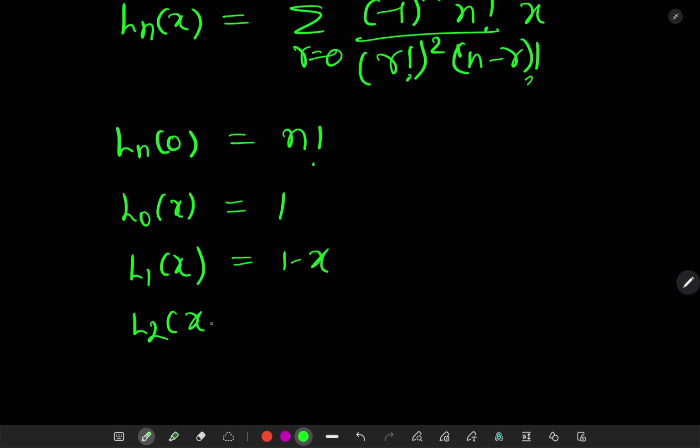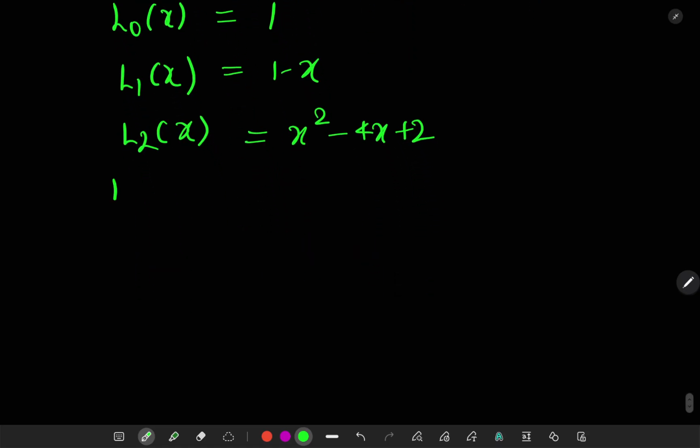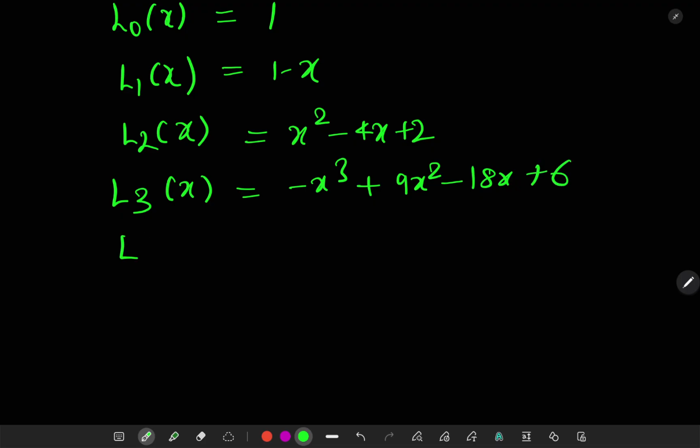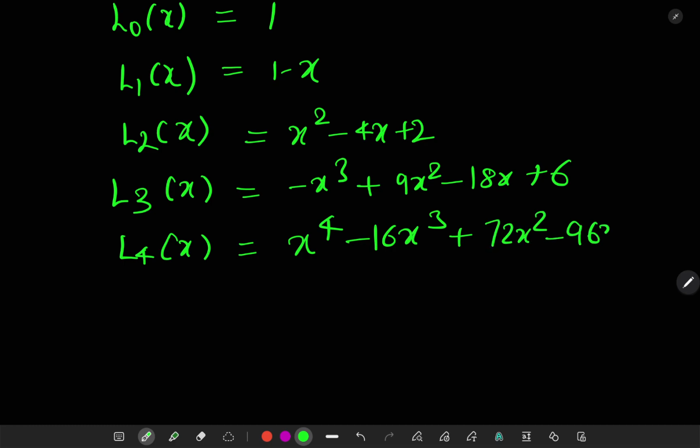For n equals 2, this is equal to x square minus 4x plus 2, and L3 x is equal to minus x cube plus 9x square minus 18x plus 6, and L4 x is equal to x raised to power 4 minus 16x cube plus 72x square minus 96x plus 48.